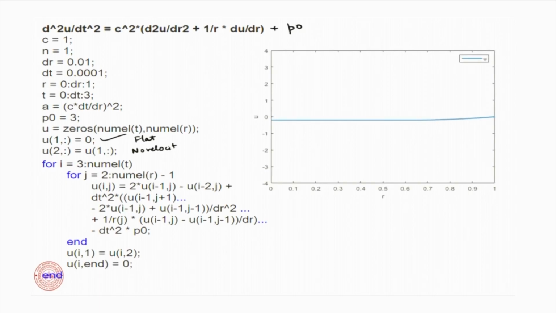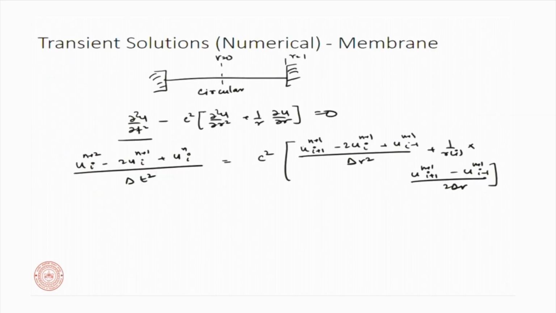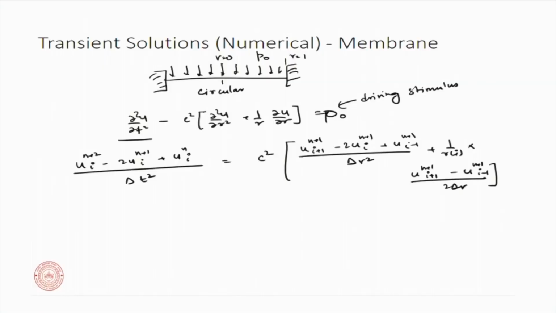So we can go back and add a pressure force term. So this is P naught. Okay, so this is our driving pressure force, driving stimulus. Right, and it is acting on this. So we have this membrane which is connected and we are pushing it down onto the surface.